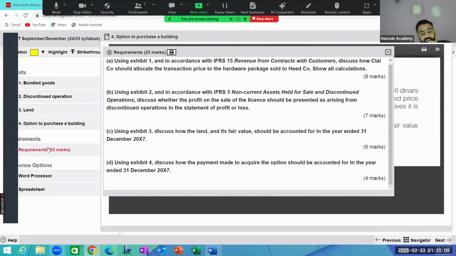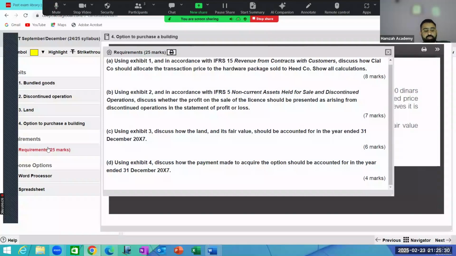Using exhibit 4, discuss how the payment made to acquire the option should be accounted for in the year ended 31st December X7. On 31st December X7, how it should be accounted for.